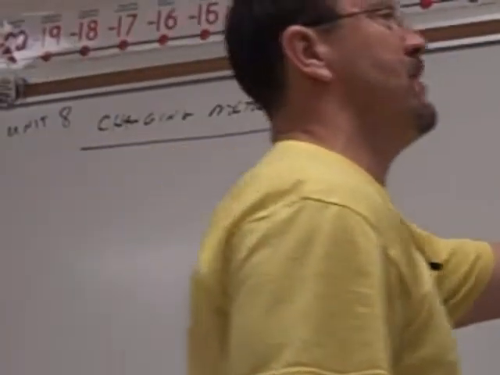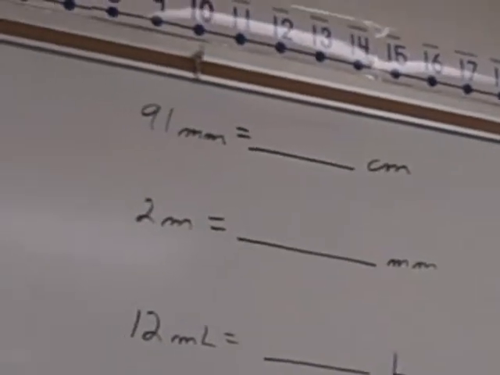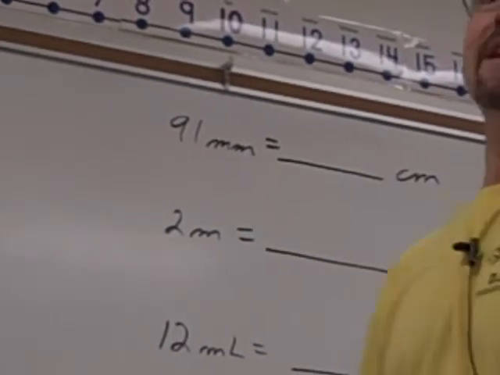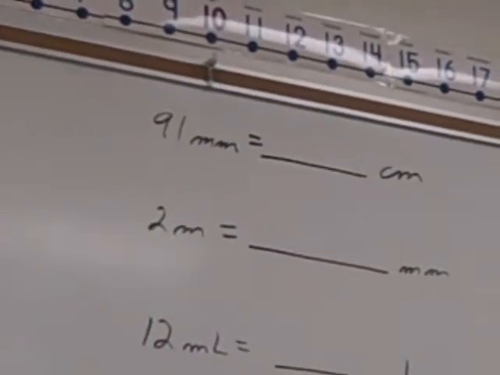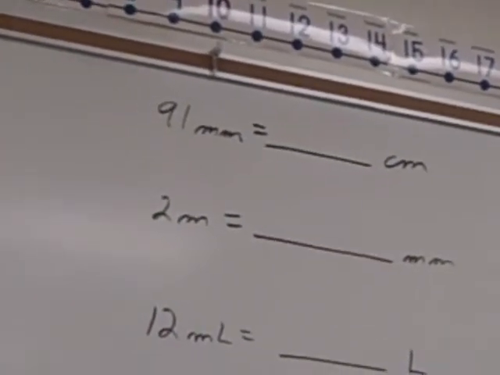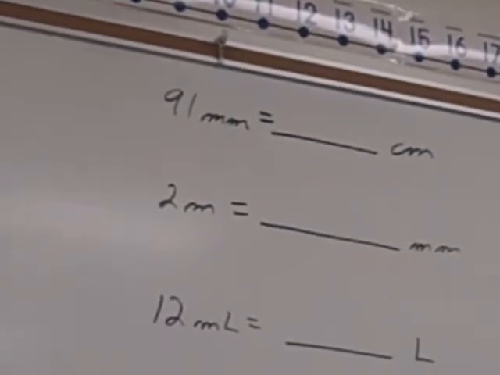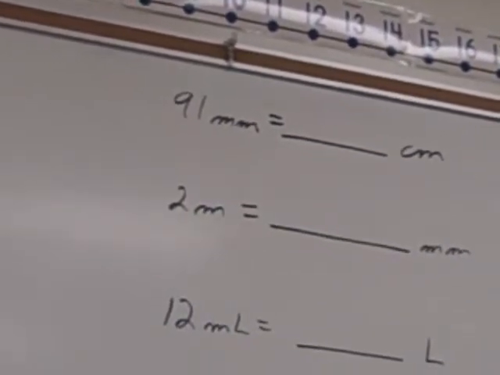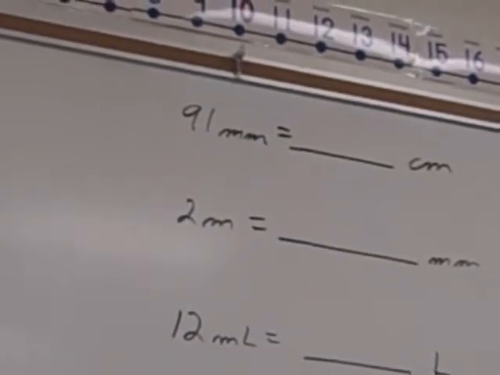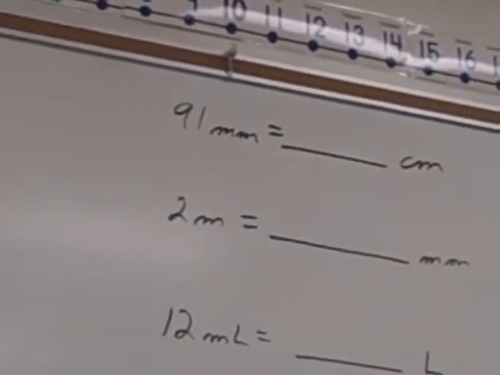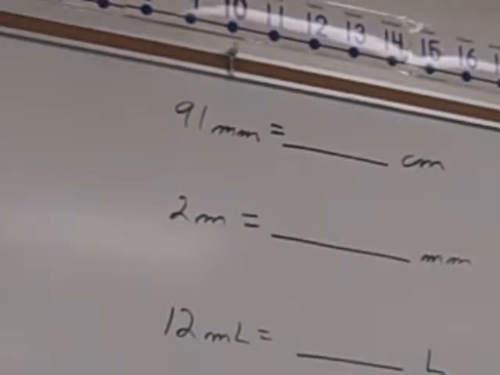But there is a shortcut for metrics, and that's what I'm going to teach you today. So if we have 99 millimeters, we can find how many centimeters without doing multiplication if we know the shortcut. If you forget the shortcut, you can always go back to multiplying by 10 or dividing by 10 until you get to it. But hopefully you'll learn the shortcut.